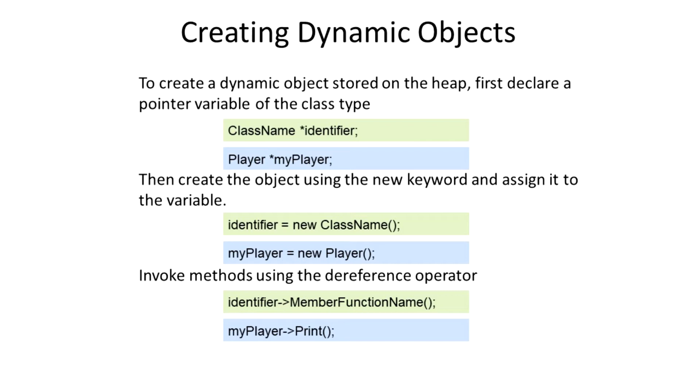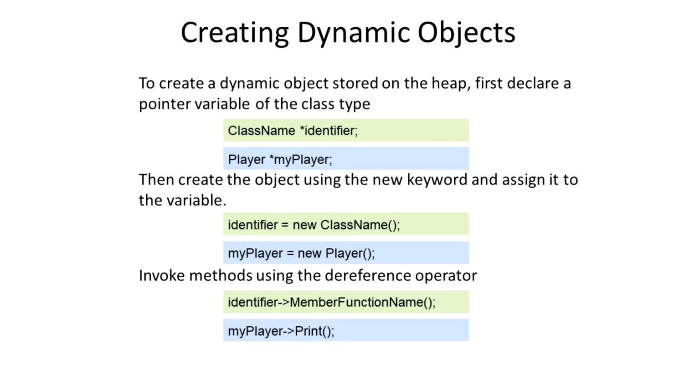Cast your eye up to the class name again, Player as well. So a function of the same name as the class is the constructor. And even if we're not going to be passing any values, any parameters, we would still have to have the parentheses, the brackets, after the constructor call, because we're going to be calling it as a function.